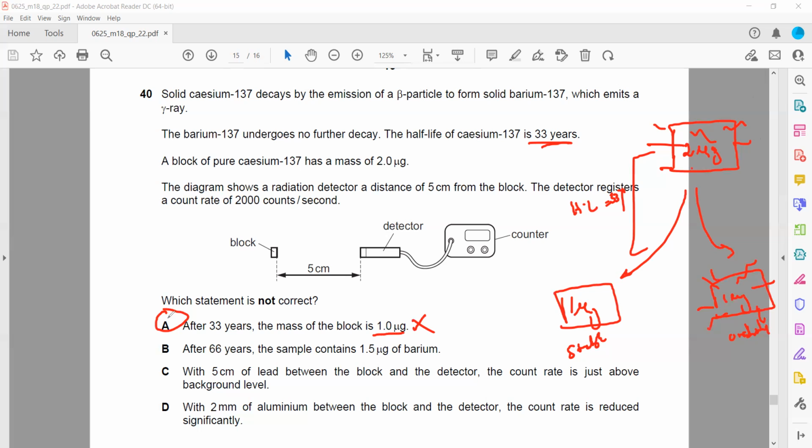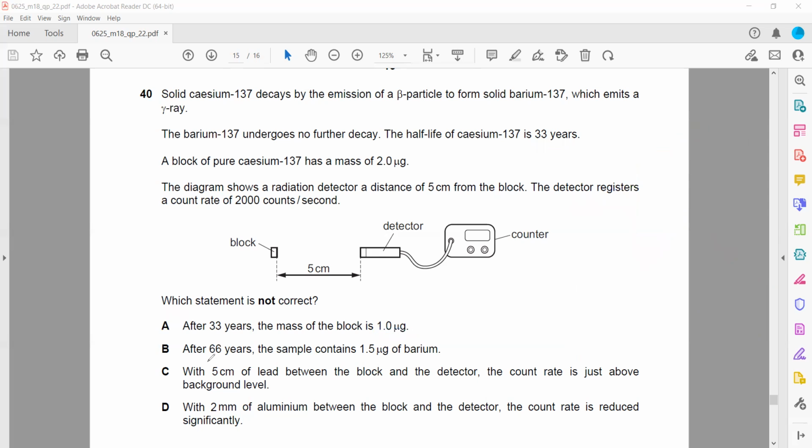As I mentioned, the total mass will remain the same. The only difference is the amount of radioactive and non-radioactive will change, but the total mass will remain the same. So A is the answer for this.